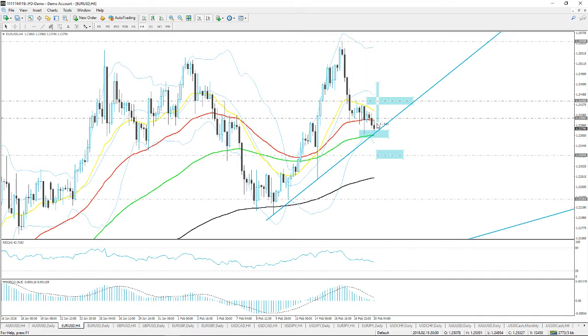Let me just highlight that one for you here, guys. If that gets broken to the upside, then we might get anything here, but probably the likelihood is that we could go up a little bit higher. But that's only if we get a bounce from this trend line here.